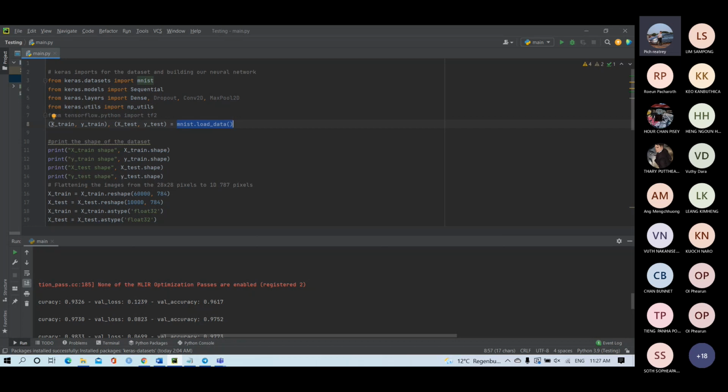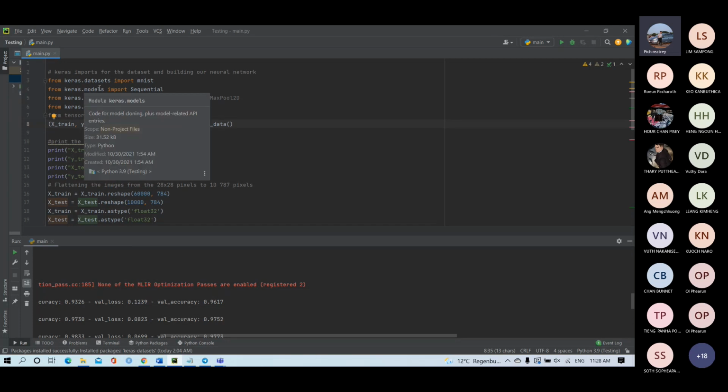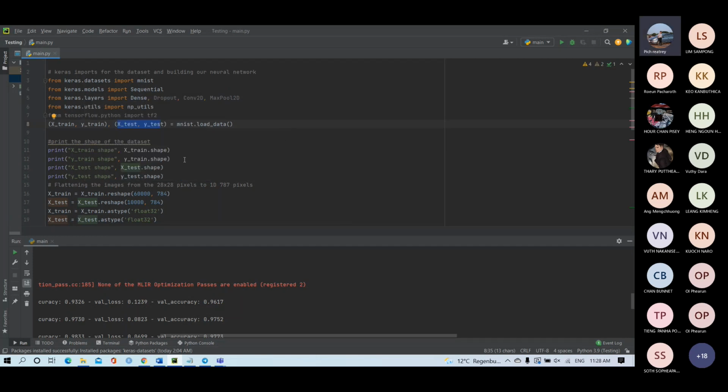And then I load images from two kinds. One is a test set, and we have two-dimensional data, the training set and test set. And then we have the Keras model, which is the model they use to build a sequential model.